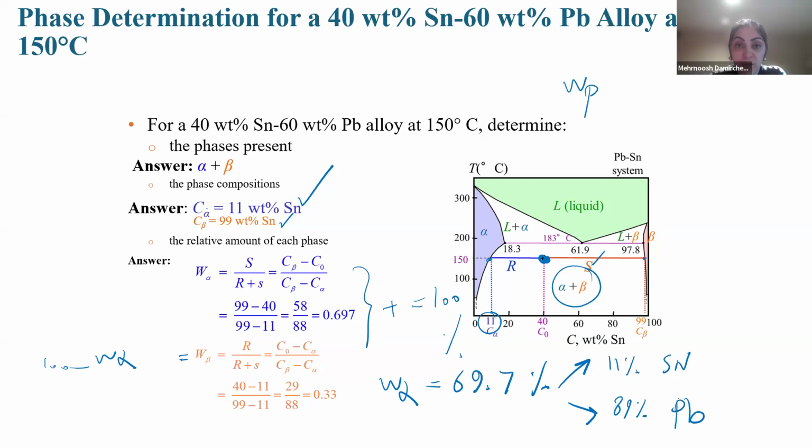So the weight fractions, we are in two phases, alpha plus beta, approximately 70% for alpha and 33% for beta. And for this beta, how much Sn do we have? 99% Sn and 1% Pb.